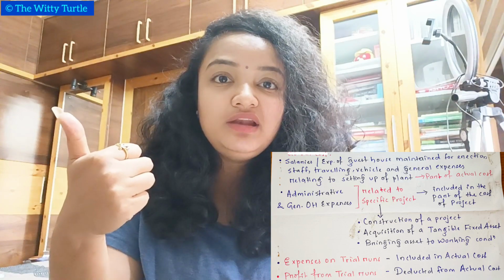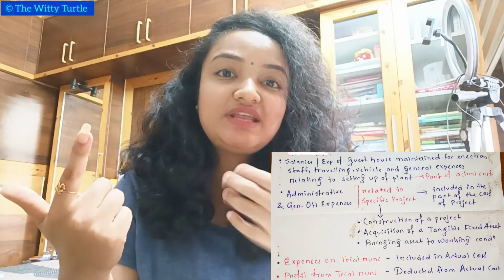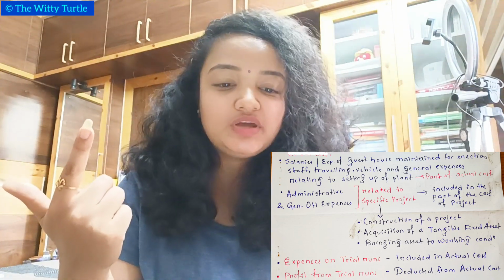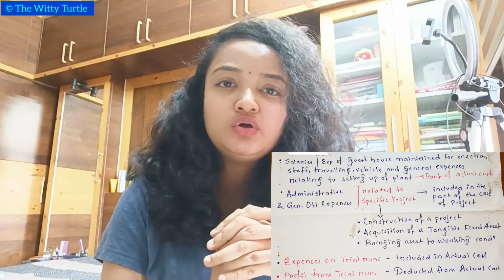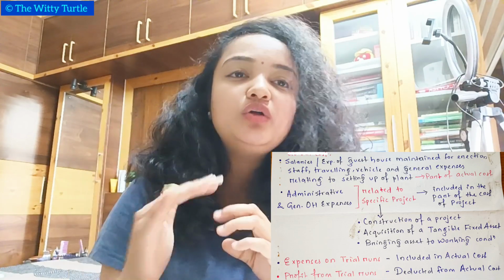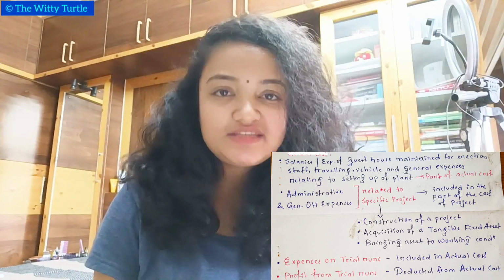Expenses incurred on trial run will be added to the actual cost, and any profit derived out of your trial run will be reduced from the actual cost, right? So this is the basic idea about your section 43 clause 1. And now onwards we will start studying all the explanations which are given to this section, right?